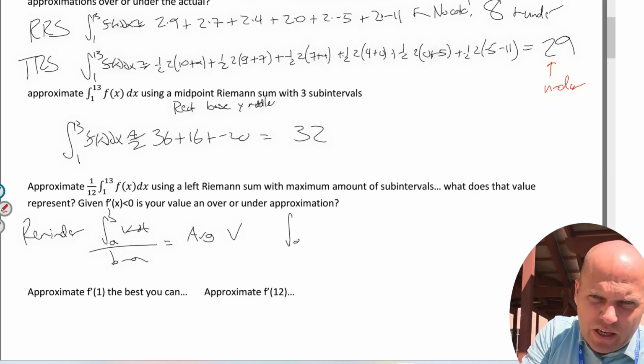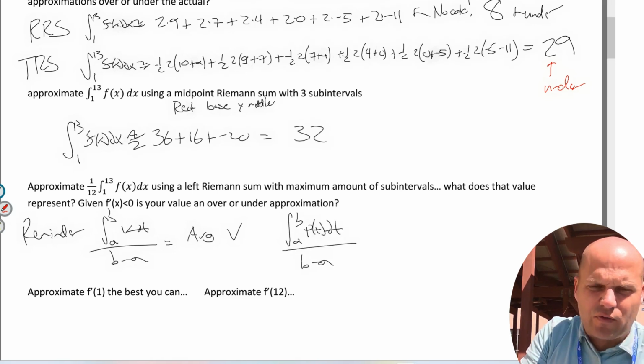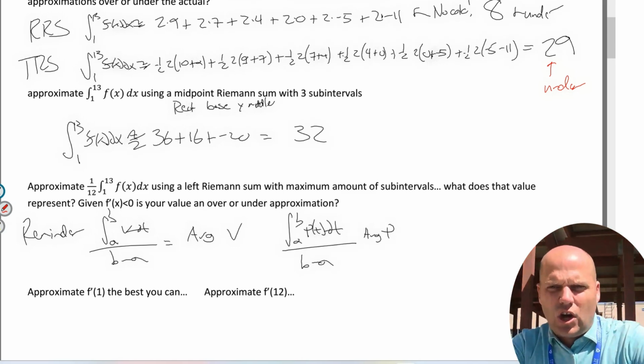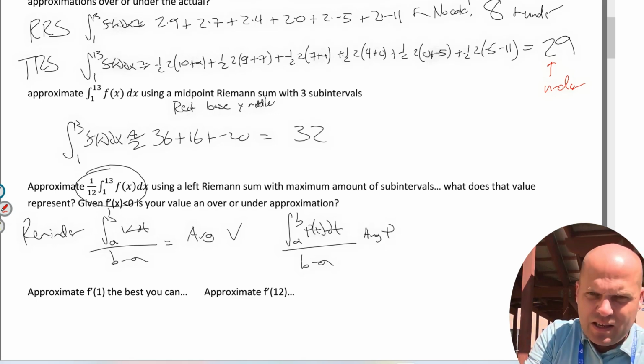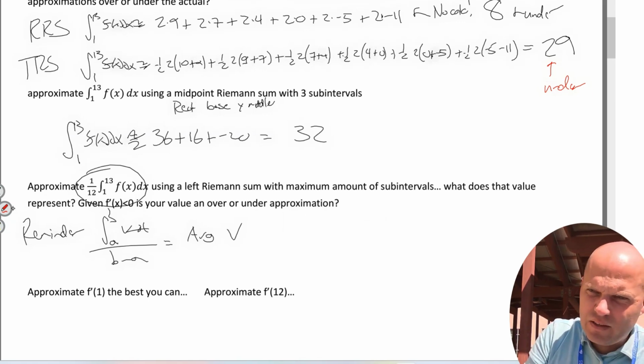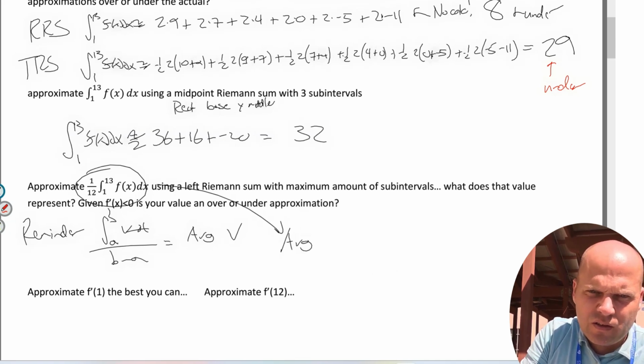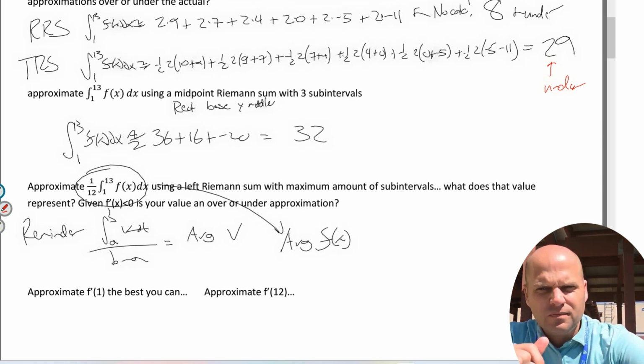If I accumulated my position over the interval, that'd be my average position. So this is going to be the average F over the interval 1 to 13.